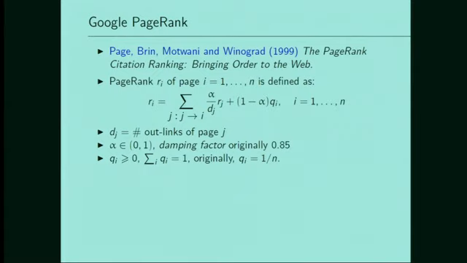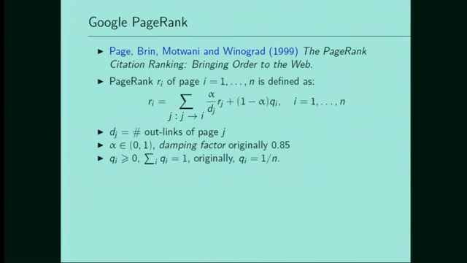Then we have this coefficient alpha, which originally was set to this magic number 0.85. So we have coefficient alpha at this summation, and this score Rj is equally divided between all the pages to which page j points. That's why it's divided by the out degree of j.